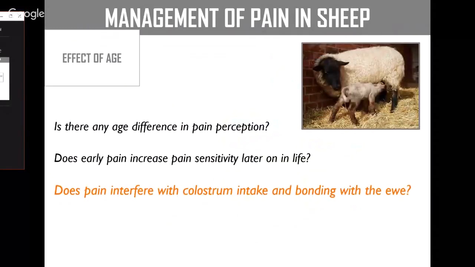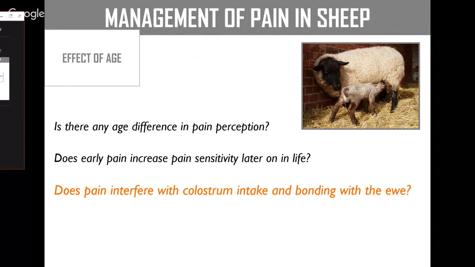Now, the third and last question related to this issue of age is whether pain felt by very young lambs may interfere with colostrum intake and bonding with the ewe. And the answer to this question is yes, it certainly may.